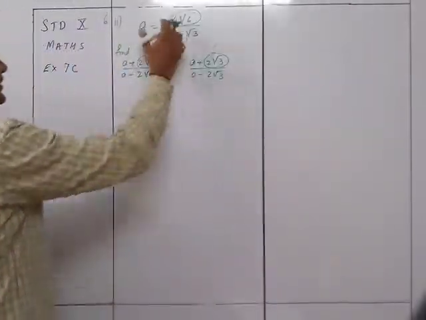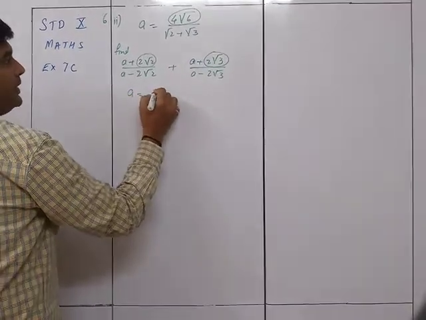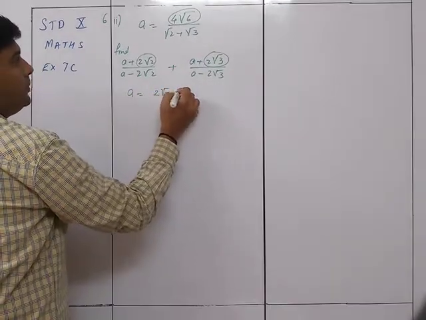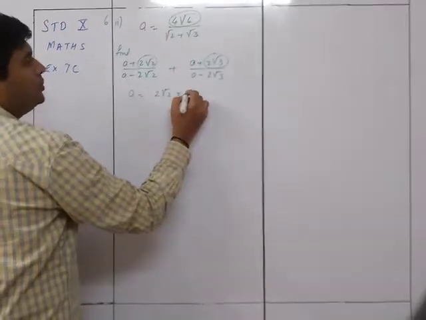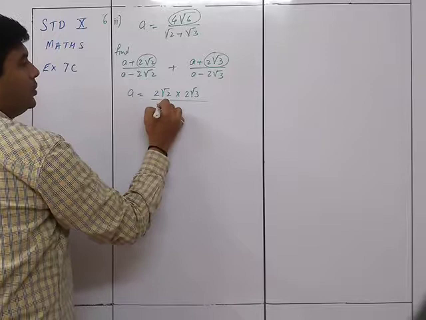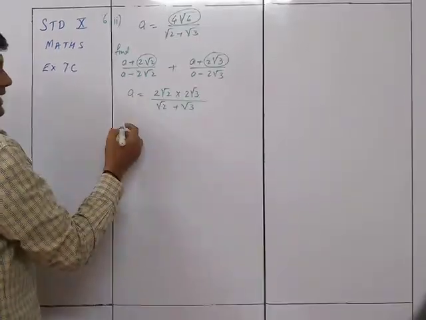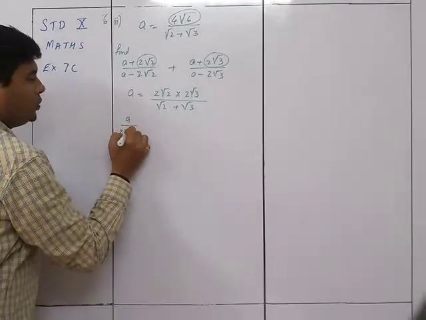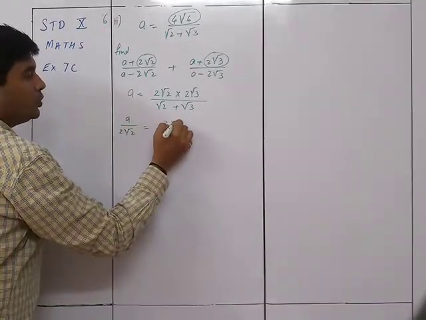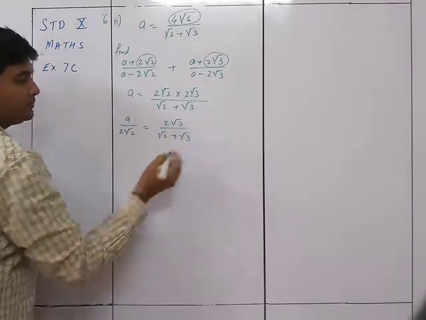So you can see that the first part will be this way, that A is equal to 2 root 2 into 2 root 3 upon root 2 plus root 3. Now bring this on this side. You get A upon 2 root 2 is equal to 2 root 3 upon root 2 plus root 3.